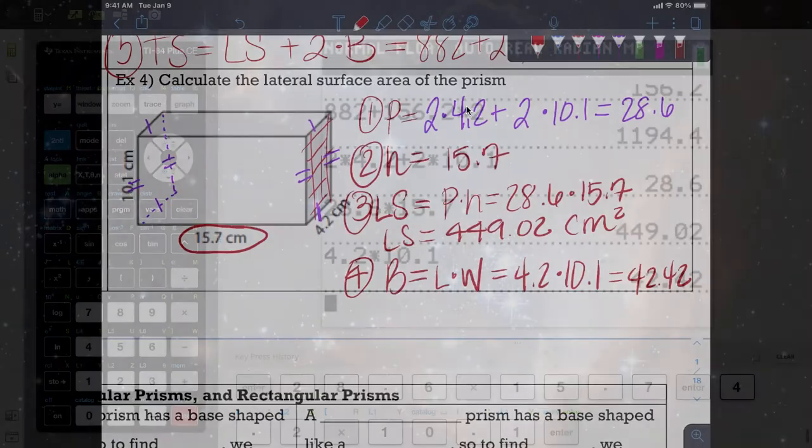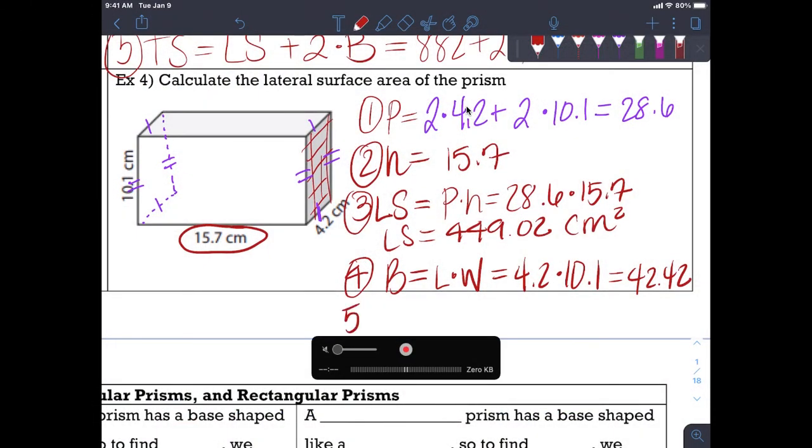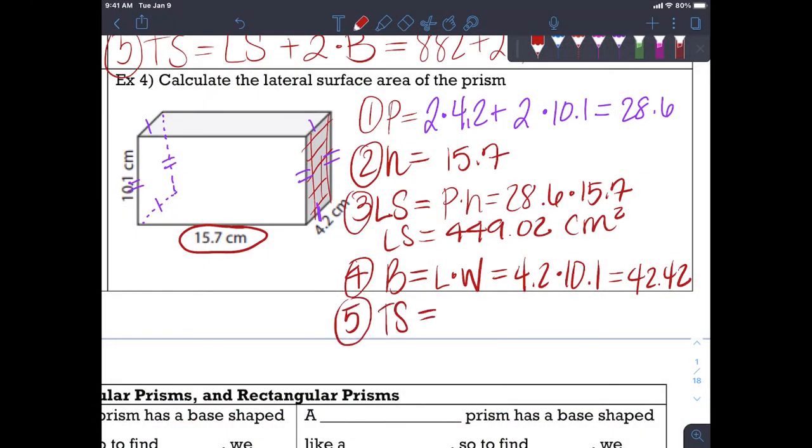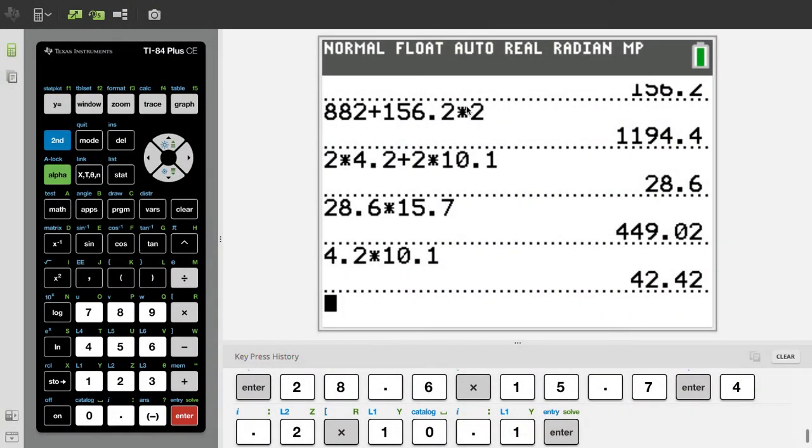Now I can finally get to my final step of total surface area, which is going to be equal to my lateral surface plus 2 times the area of my base. If I plug in the values that I have already, like this, I can use my calculator to get this.